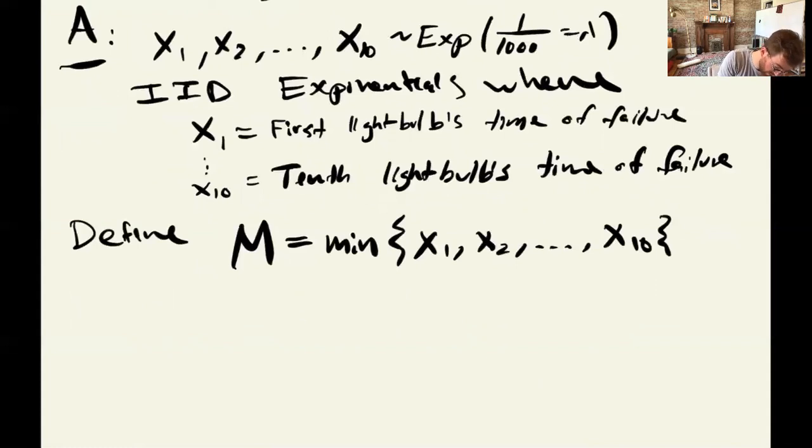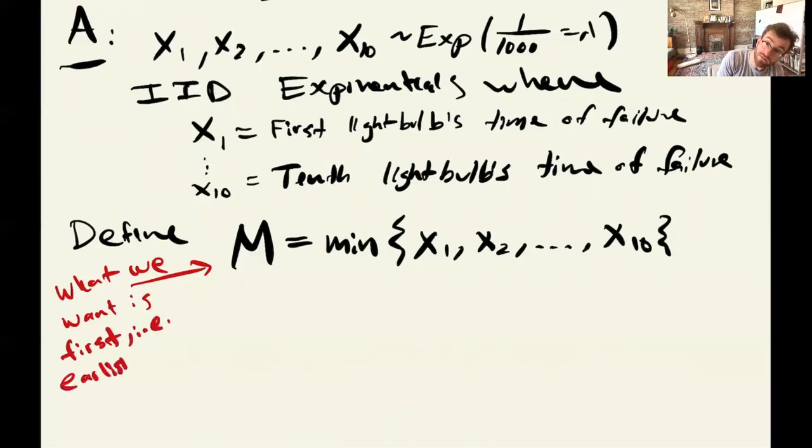Because this is what we want: the first, i.e. earliest, failure, which means the minimum amount of time has gone by. So you're looking for the minimum of each of these values.